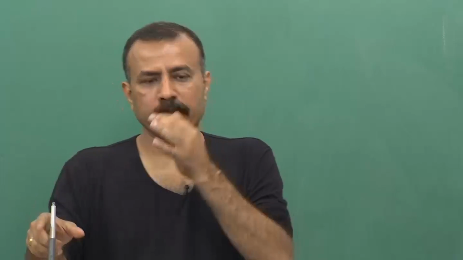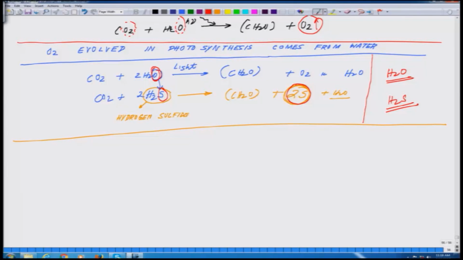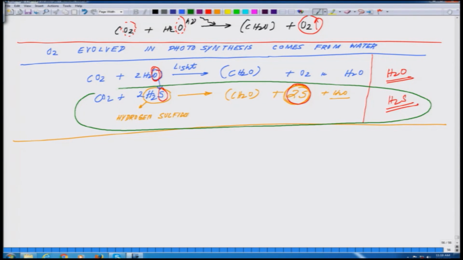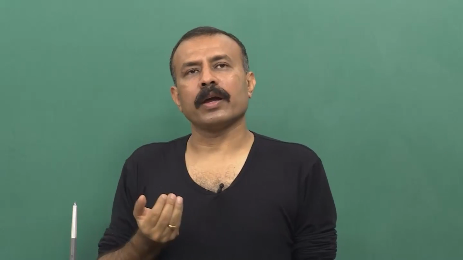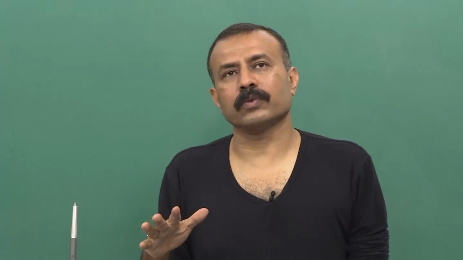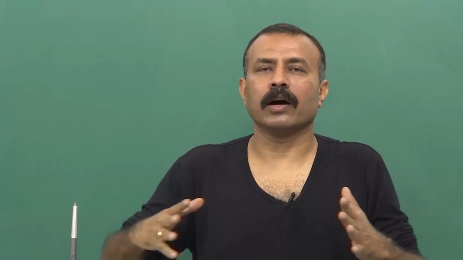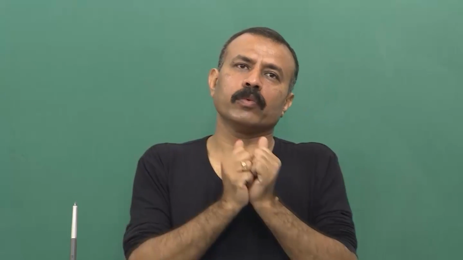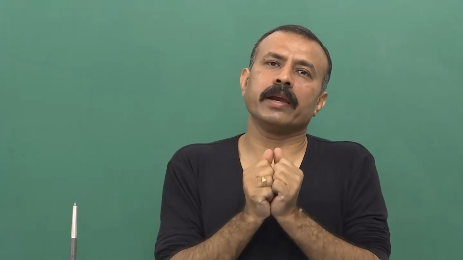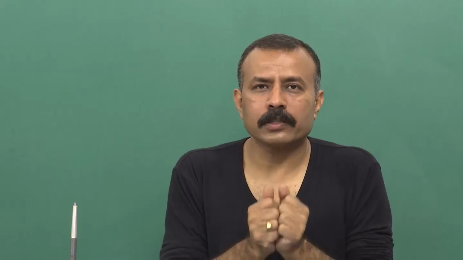So, essentially what we are telling is that possibly very early in the environment, these were the kinds of reactions which were happening. Earth was rich in hydrogen sulfide, rich in all sorts of nasty gases, and that is where probably life evolved. And at some point, as earth was cooling down, as everything was calming down, the hydrogen sulfide level was going down, and nature was in a hunt for another perennial electron source, and nature's perennial electron source became water.